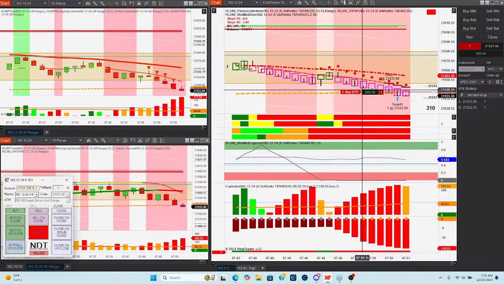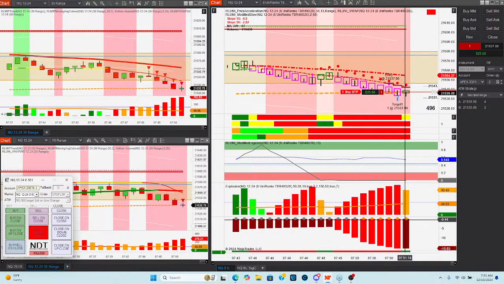Looks like it cleared it, but probably only be a first target. Big brush, big brush. No, I lost it here. See, stop filled. Yeah.